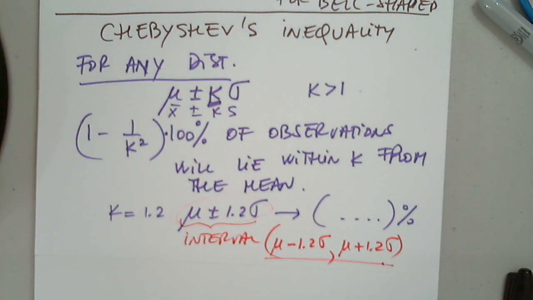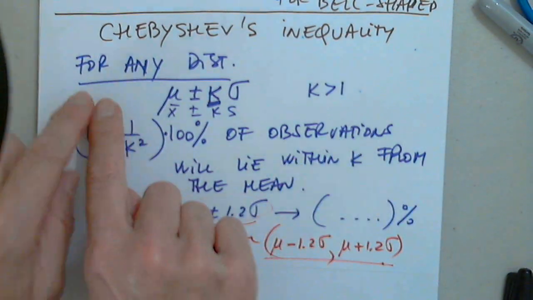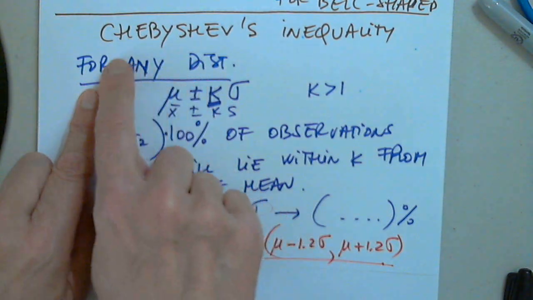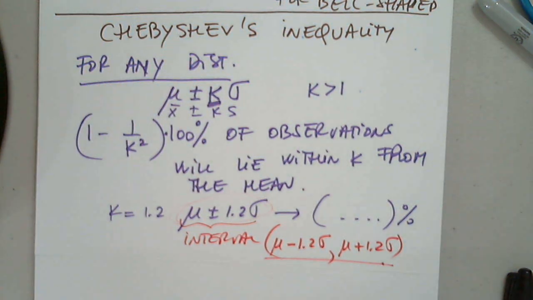I have one more data set for you. I have a question. Any question, yes. Did you say that this was only for bell-shaped, or was this for any distribution? For any. He said, of course, it's all approximate.